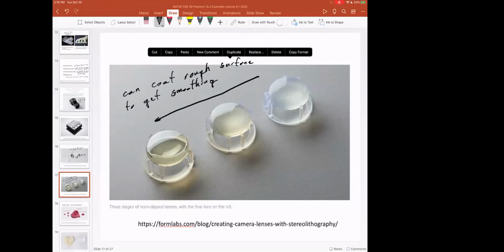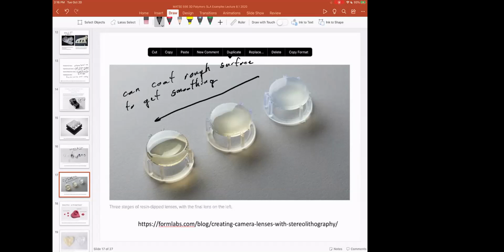Now, this is different than solvent smoothing material extrusion AM parts. So if you've ever done a lot of material extrusion AM with PLA, there's a technique called solvent smoothing. It's not really used industrially, but it's used by the hobbyists, where the solvent penetrates the thermoplastic and sort of melts it a little bit and smooths it, because the inclusion of solvent in a polymer makes it soft, and so you get this coating.